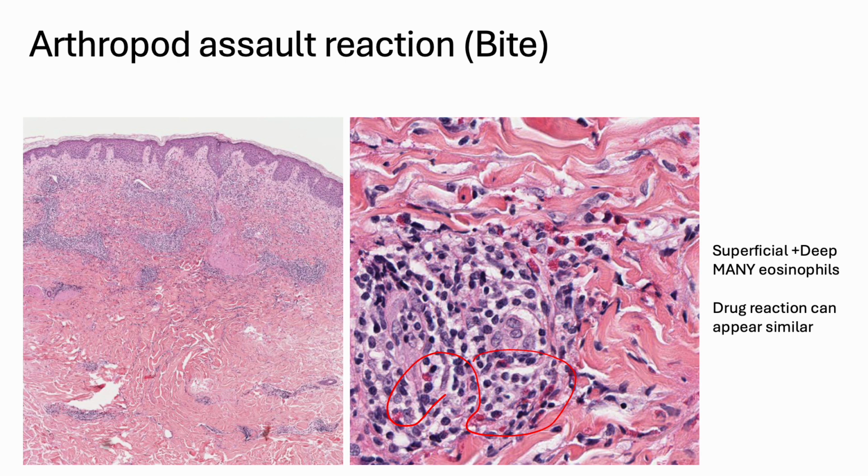Those can give you a hint of a bug bite reaction. And if you see the pattern has a V shape, something like this, that is more supportive of arthropod bite reaction. But remember, as we mentioned, the drug reaction can appear similar. So whenever we diagnose drug eruption, we put a bug, and when we diagnose a bug bite, we also put drug reaction as well.